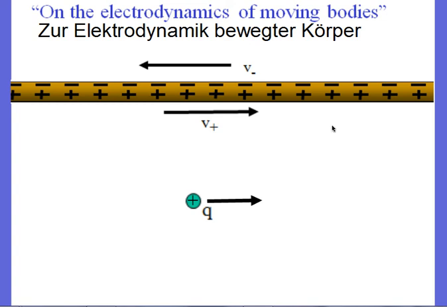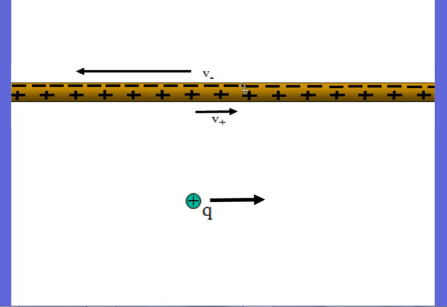And it is the length contraction that most interests us. Because the negative charges are moving faster, they will be more length contracted than the positive charges, which are moving slower. And this effect leads to a net negative charge here. And so this positive charge is attracted by that net negative charge.